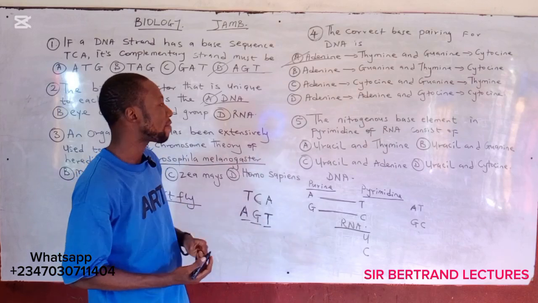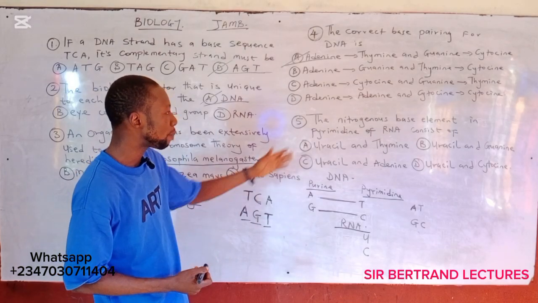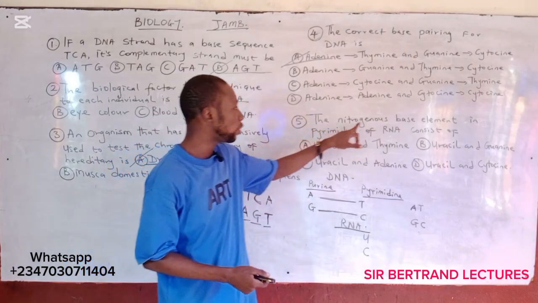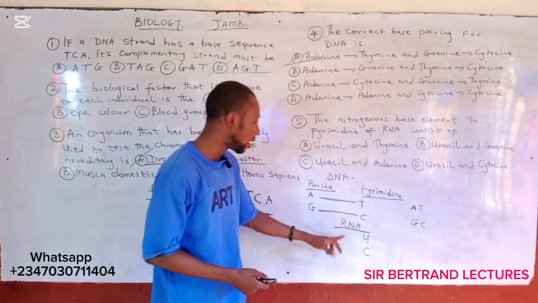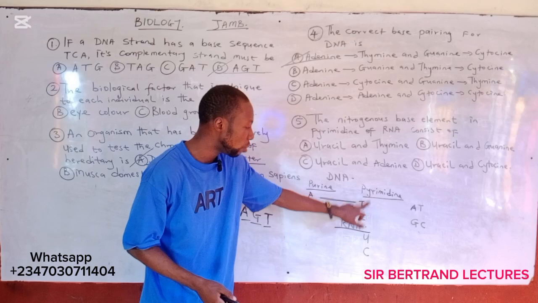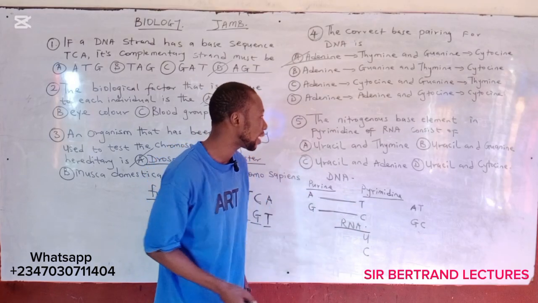Question number 5. The nitrogenous bases in the pyrimidines of RNA consist of what? The pyrimidines of RNA are uracil and cytosine.